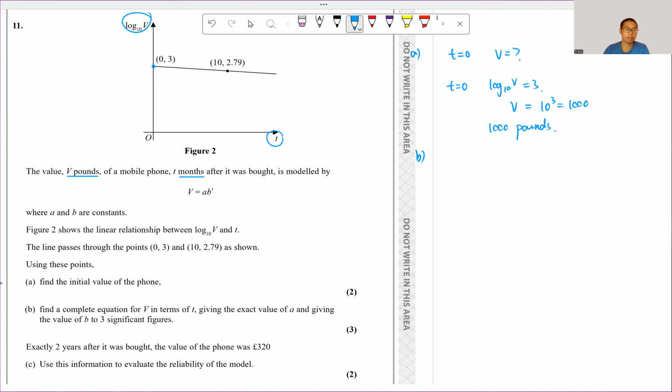And then part B: find a complete equation for V in terms of T, giving the exact value of A and the value of B to 3 significant figures. So we start from the diagram here. We have log base 10 of V on the y-axis, and clearly it's a straight line.